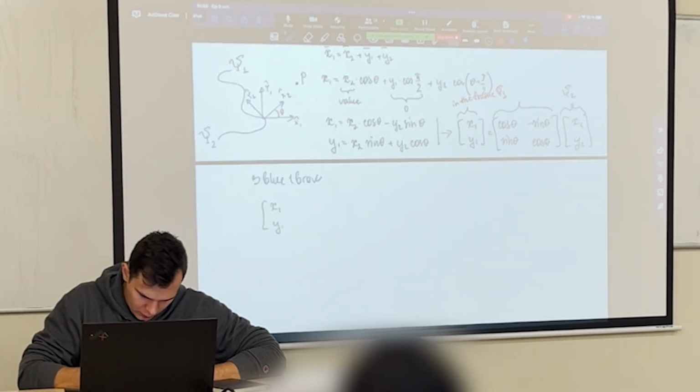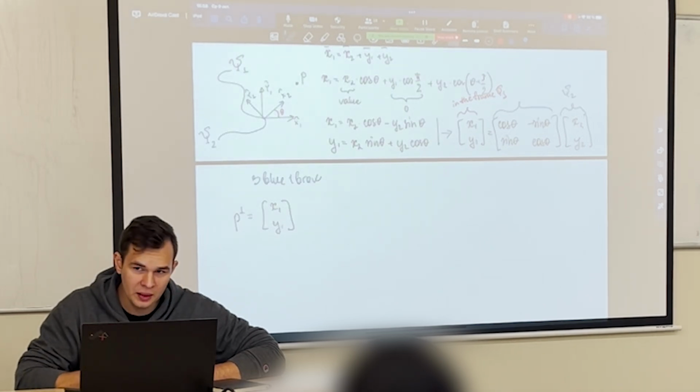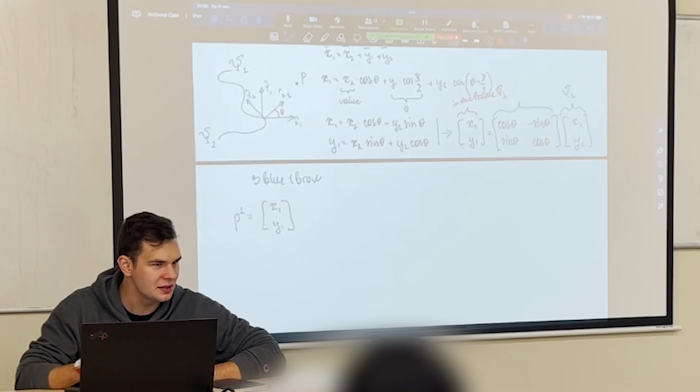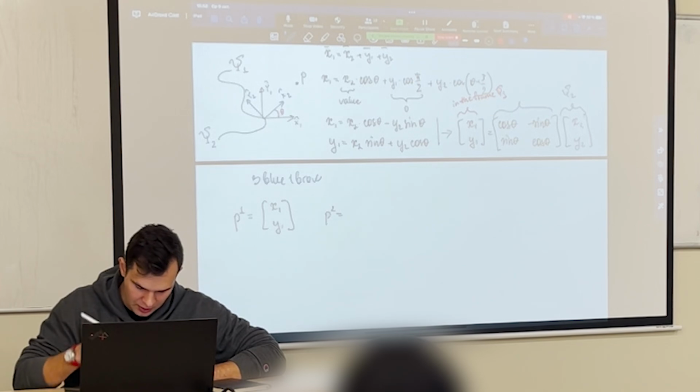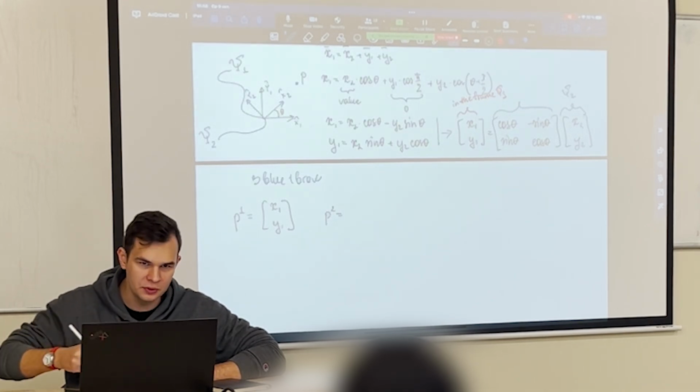x1, y1, we will say that it is p, but in the frame 1. So 1 is a superscript here. It's not in power of 1, it's a superscript. P2 will be p expressed in the frame 2.